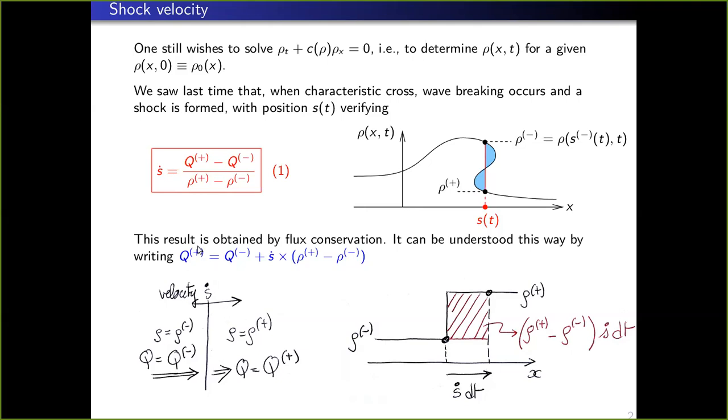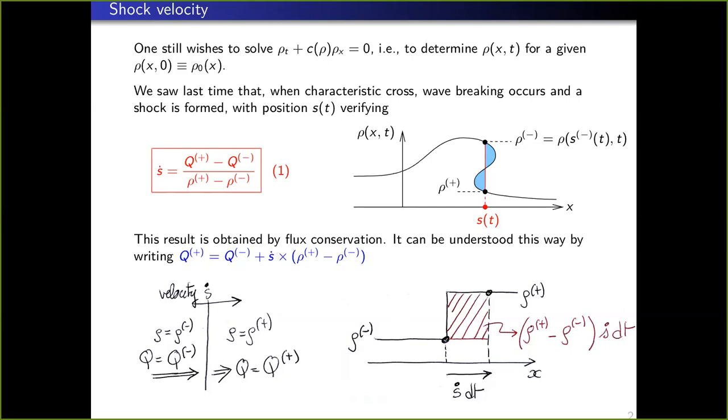So you see, indeed, the outgoing flux at the right is the incoming flux plus the motion of the shock times the difference in density. So maybe this is a simpler way, maybe more physical to understand than the way that was used in the previous lecture, which was more mathematical, to establish this formula for s dot. Anyway, that's what it is.